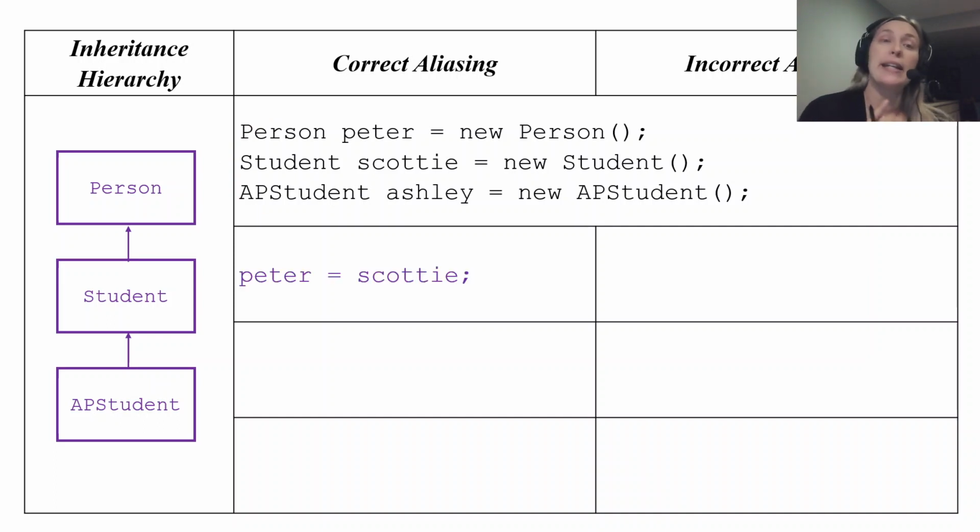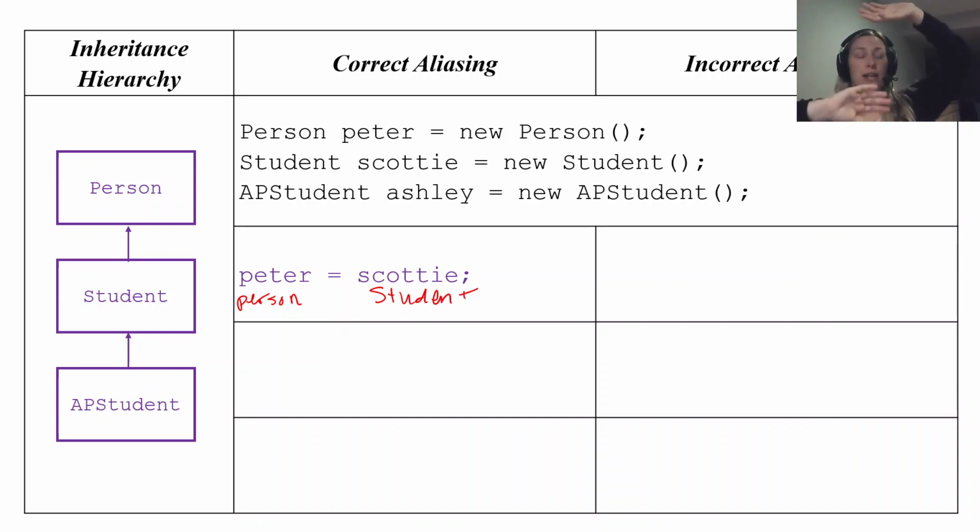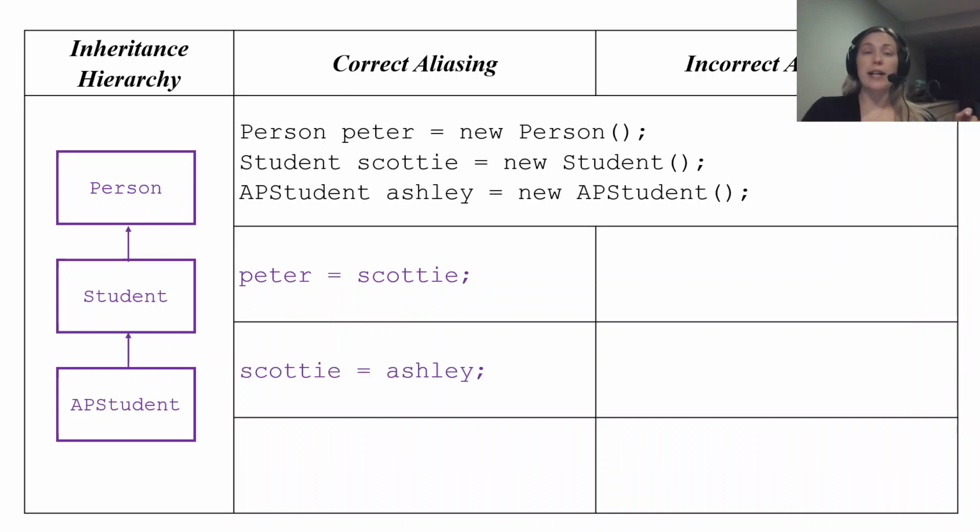An example of correct aliasing would be Peter equals Scotty. Peter is a person and Scotty is a student, and this is correct aliasing because person is higher in the hierarchy than student. Another correct aliasing would be Scotty equals Ashley. Scotty is a student and Ashley is an AP student, so because student is higher in the hierarchy than AP student, this is legal.